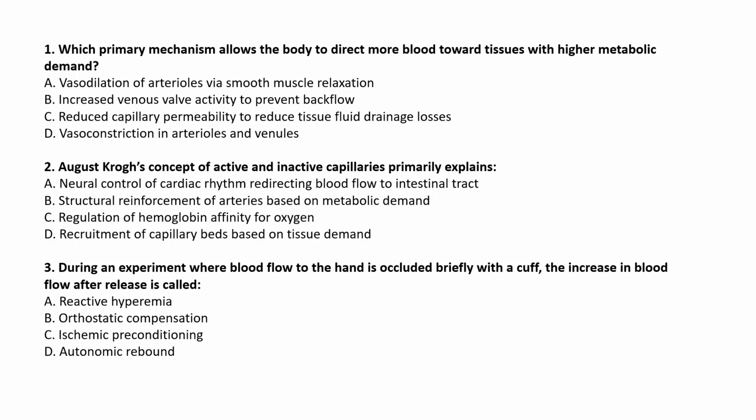So in these cases, if you occlude the blood in your hand, say using one of those sphygmomanometer cuffs, the blood pressure measuring devices, they put like a cuff, right? So that is causing local vasodilation of your arterioles, and then you release it. Blood is gushing through now, and that is called reactive hyperemia. Okay, so I hope that is clear to everybody.